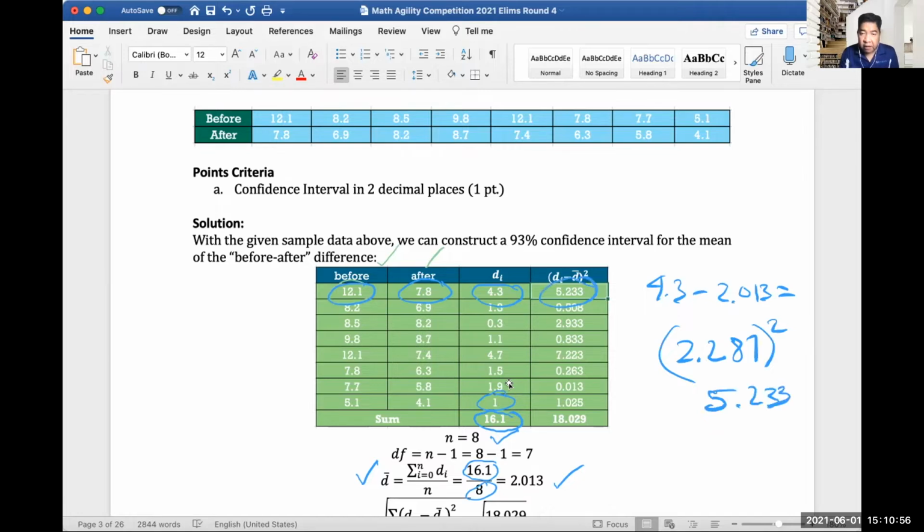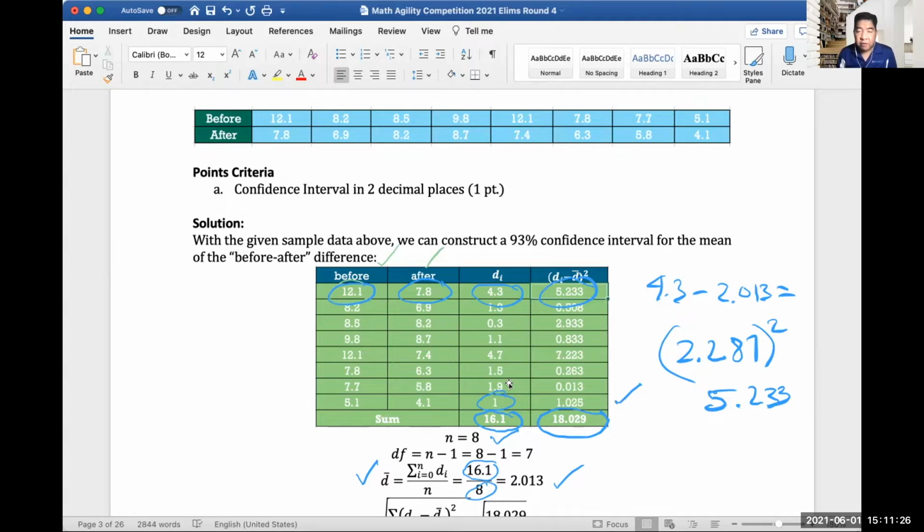If you keep repeating that up to the last row and sum it up, this will give you 18.029. If you notice, it will be easily computed if you're using Excel or any technology you prefer. In this case, I used Excel in computing this. So now we know that our sum of di minus d bar squared is 18.029.